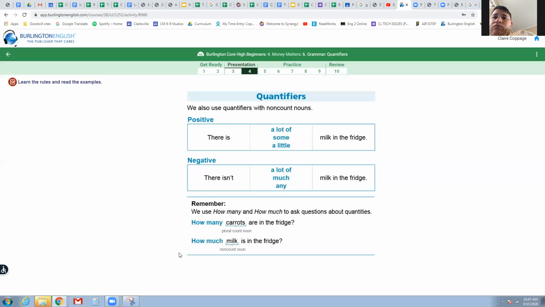And then this is just a reminder, how many carrots, si es plural, si podemos contar, usamos how many. Es cuánto en español, pero depende en el sustantivo. And también how much es cuánto en español, pero usamos how much cuando tenemos un sustantivo que no podemos contar. Okay? So we'll remember that.